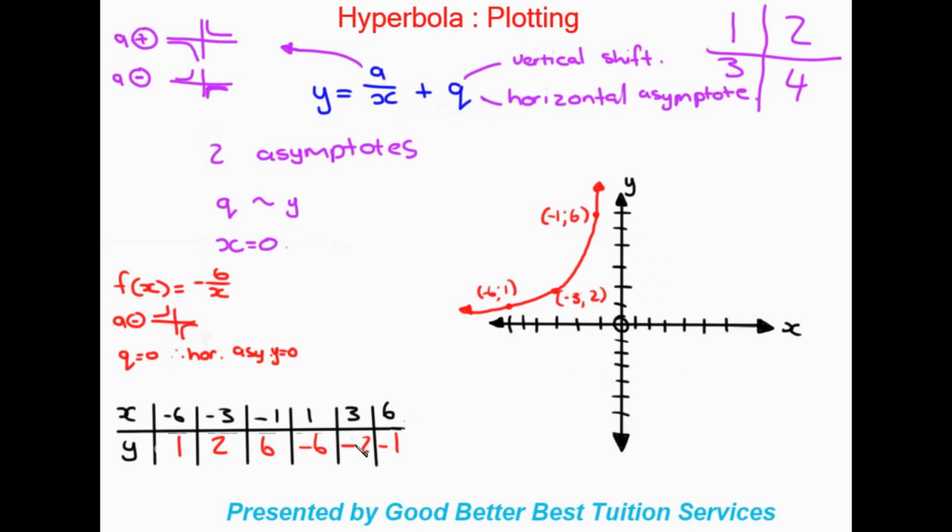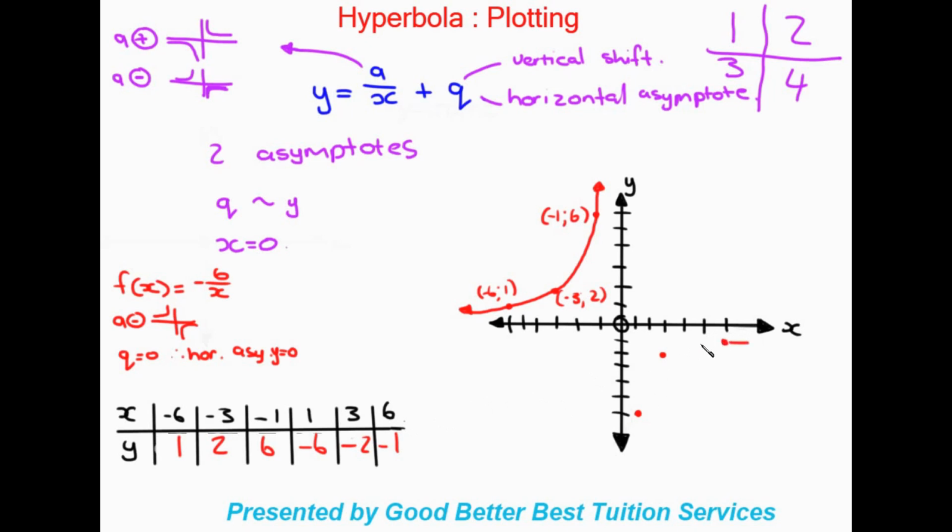Moving on now, we can plot the right side. We have 1 and -6, so 1, -6 all the way over here. Then we have 3 and -2, which is over here. And then 6 and -1, just over there.